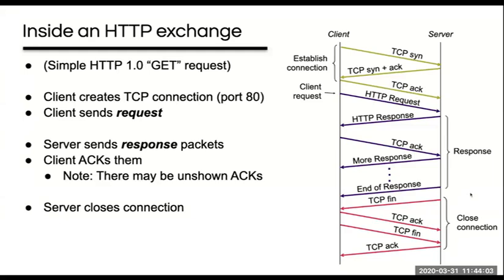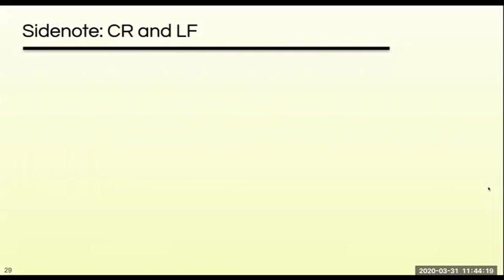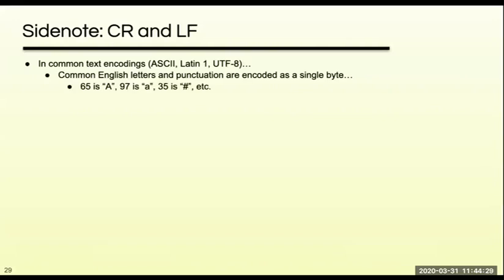And so now let's take a look inside the requests themselves. So it's plain text. It's human readable, and the lines are separated by CRLF. And all right, side note, my experience tells me that not everyone in this class probably knows what CRLF means. So in common text encodings, like ASCII and Latin-1 and UTF-8, these are things your computer uses to represent text.